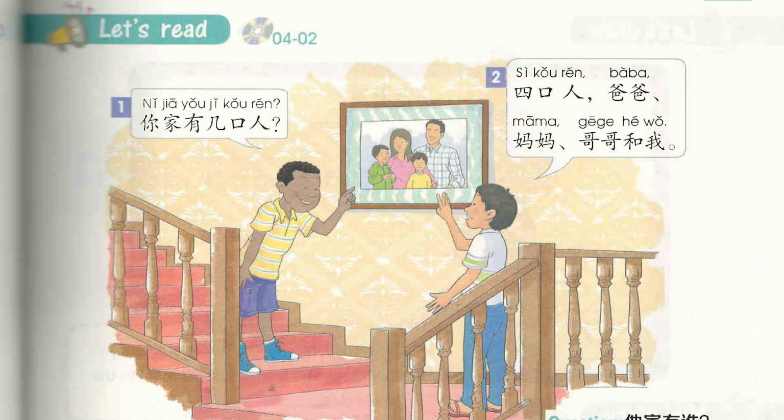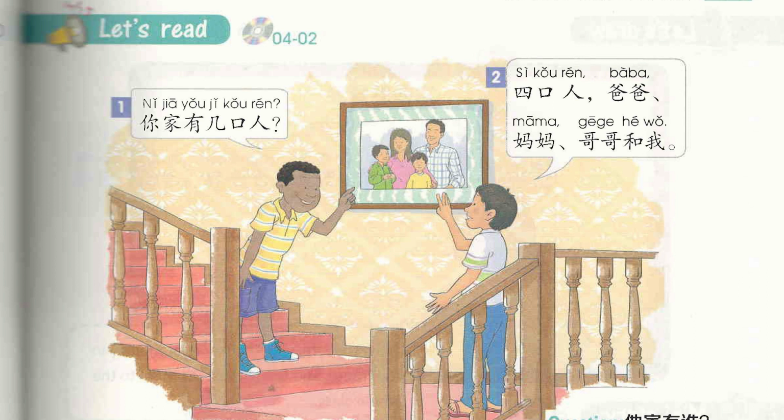Now let's read some conversation. Look at the first picture. 1. A boy is asking another boy about his family members. 你家有几口人？That means how many people are in your family. Look at number 2.